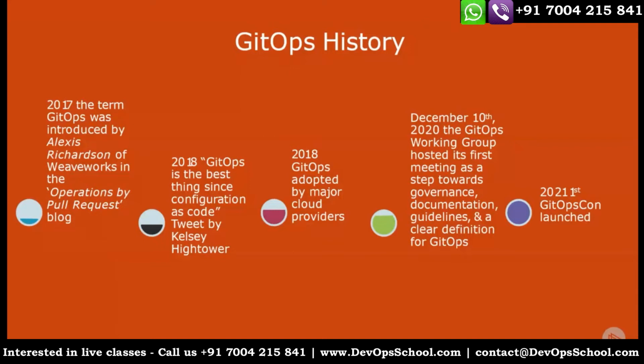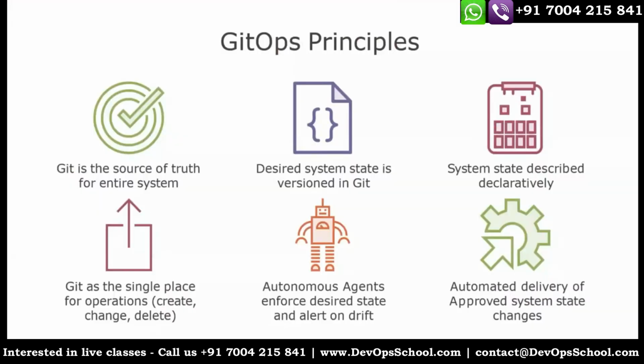In 2018, GitOps was adopted by major cloud providers, in 2020 many groups were formed by engineers, and in 2021 the first GitOps conference launched, and from there we are seeing a lot of popularity.